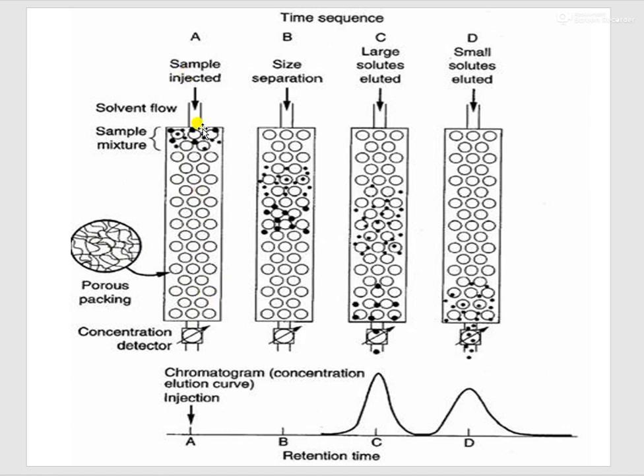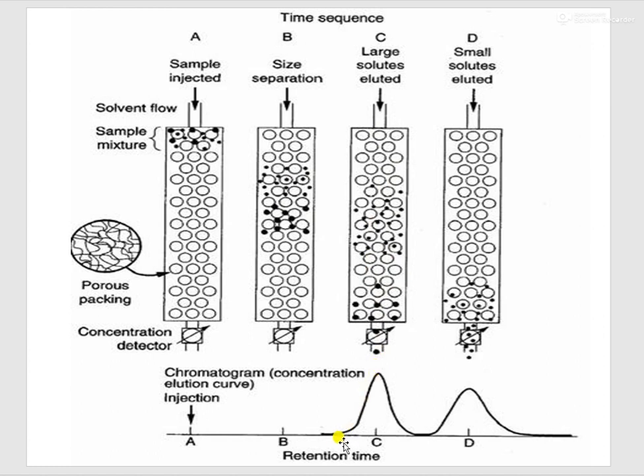When the sample is loaded, the sample contains different size molecules. These are the bigger molecules, these are the smaller molecules, and there will be some molecules having intermediate size. So what happens with the bigger molecules? As the chromatographic run progresses, the bigger molecules are too big to fit into the pore size of the stationary phase, so they will elute out with the mobile phase.